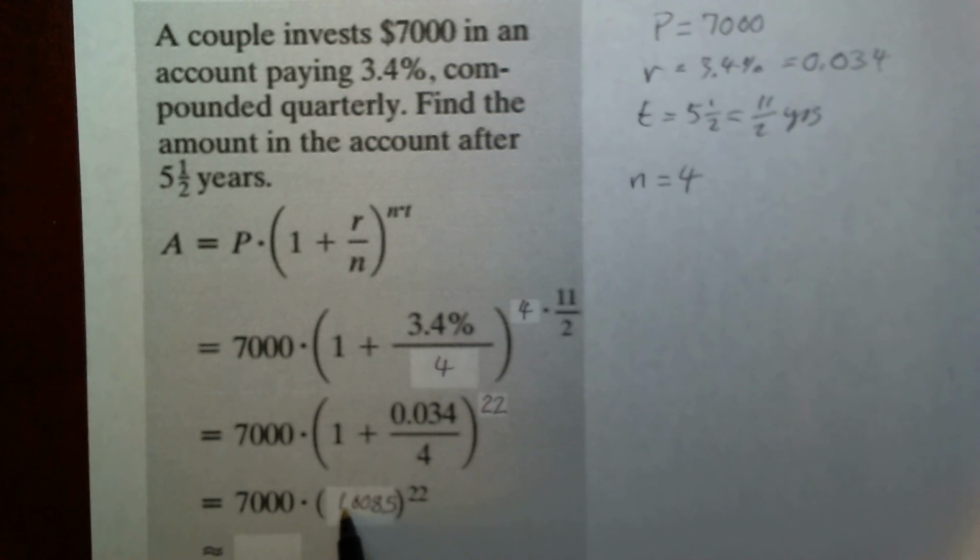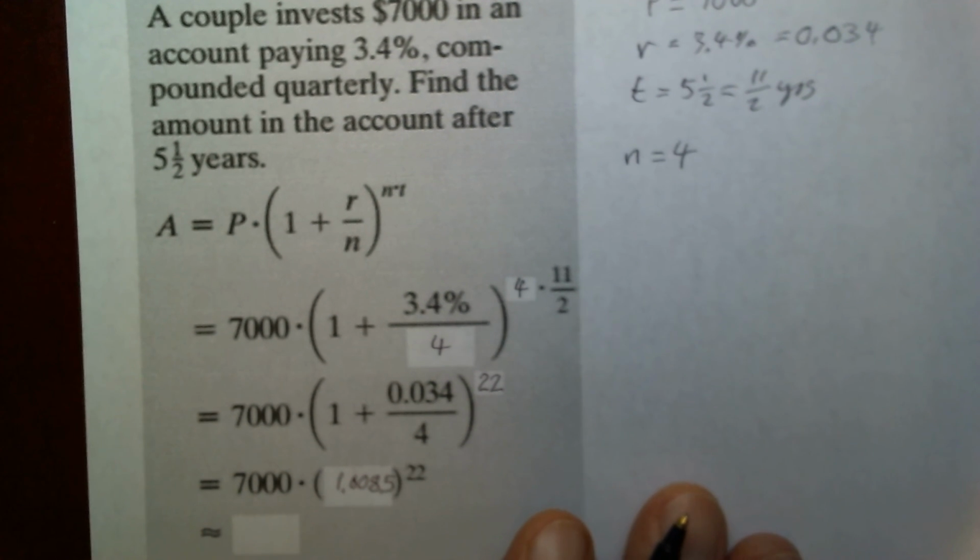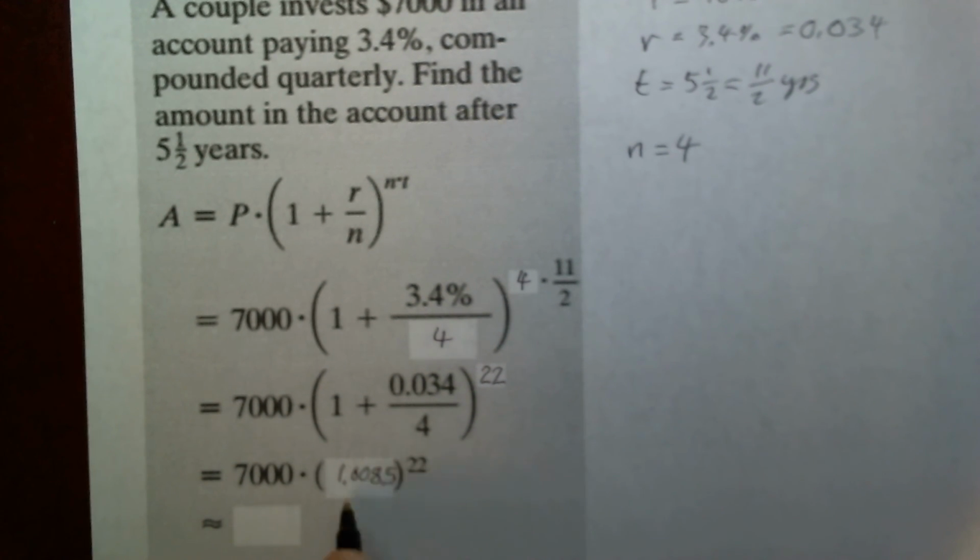So we raise that to the 22nd power, and I hope you have discovered in your scientific calculator how to do that. Again, order of operations indicates that we do the expression in parentheses first and then multiply it by 7,000.